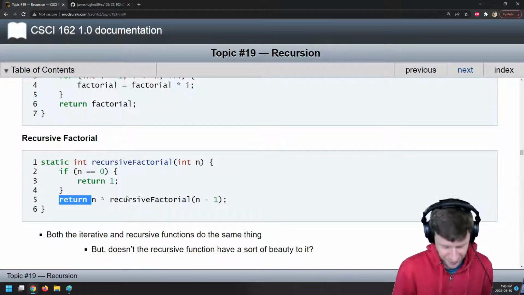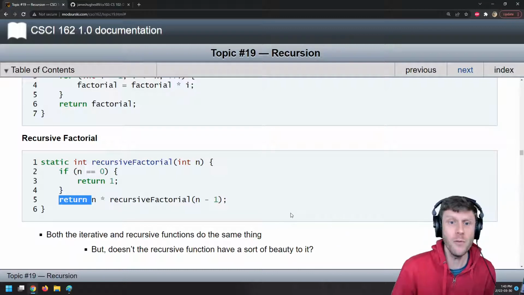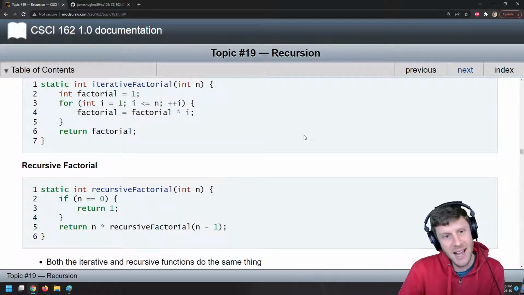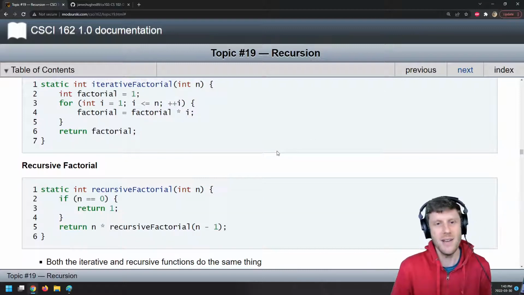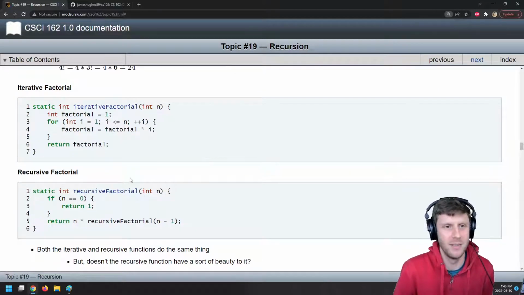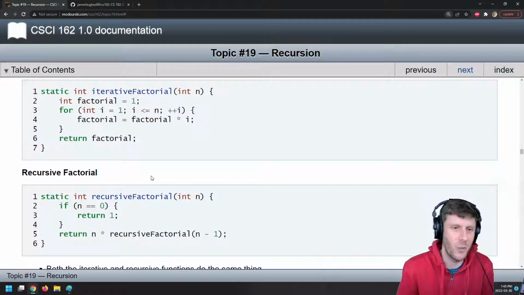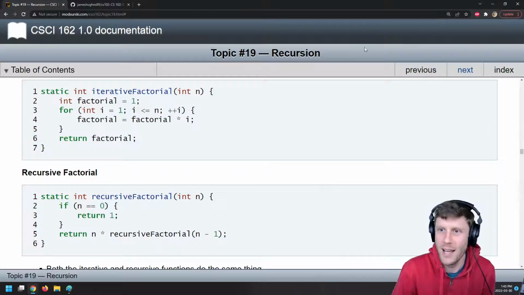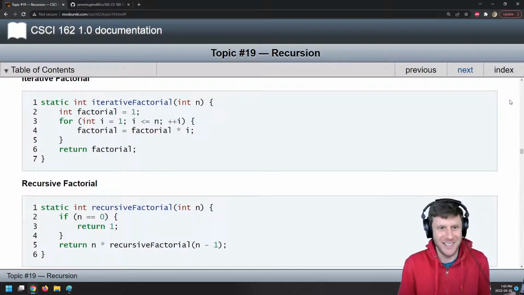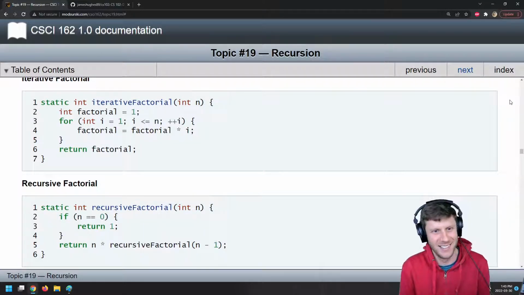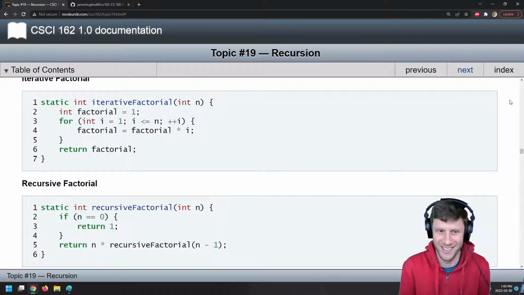Cool, right? Both the iterative and recursive functions do the same thing. But to me, okay, be honest with yourself. Which one has more, I know this sounds like a weird thing to say, but which one has more beauty to it? There's an elegance to one of these two, I think.